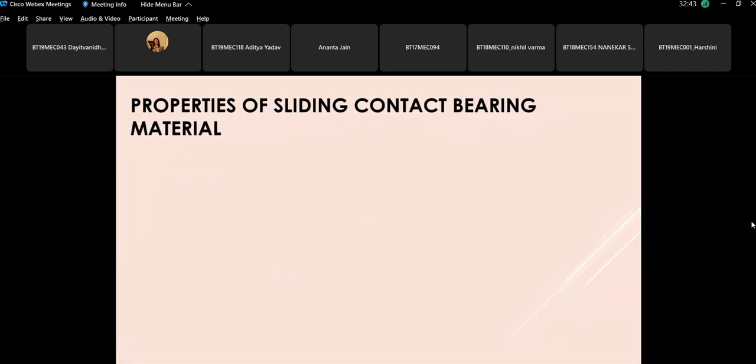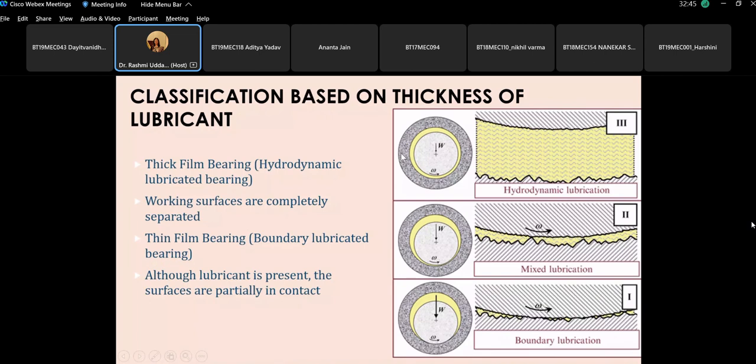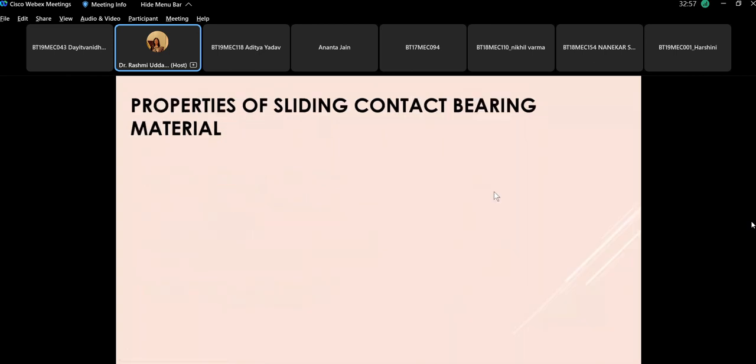What should be the property of this bearing material? This is the outer gray hollow donut shaped thing. This is the bearing. What do you think should be the property of this material?